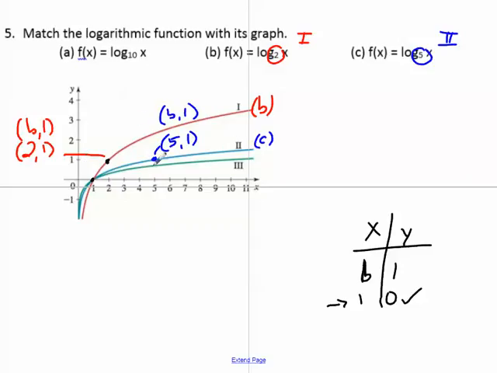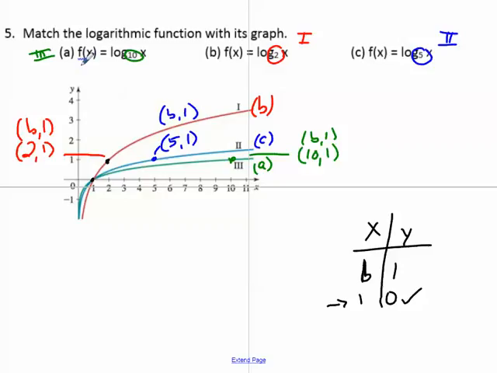This one goes through 1, I suppose right over here about 10. So that point right there is 10, 1, and that goes through base, 1. Therefore my base is 10. Therefore this graph, graph number 3, is A.